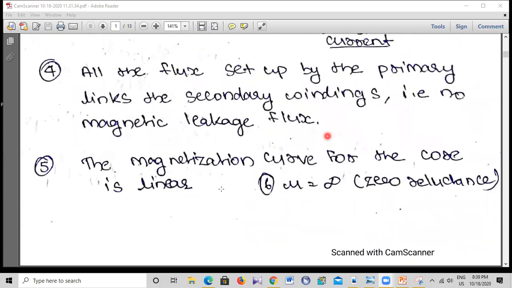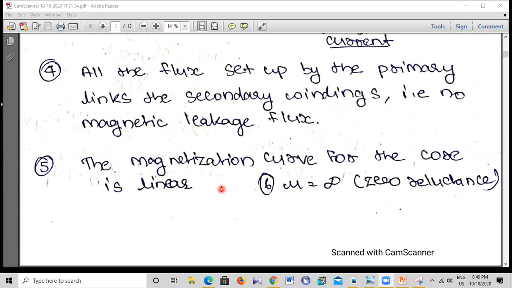Okay, and then the magnetization curve for the core is linear. Why do we say the magnetization curve is linear? You know that the area under a magnetization curve gives the hysteresis losses. I have already explained this in my previous videos when I was teaching you DC motor. The area under the BH curve gives you the hysteresis loss, but here we know that hysteresis loss is negligible.